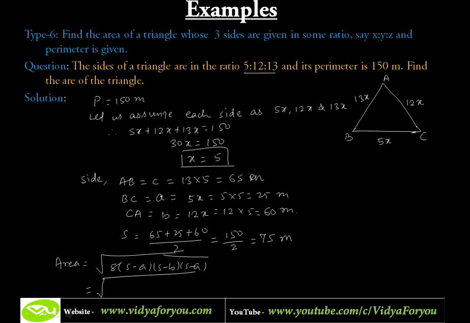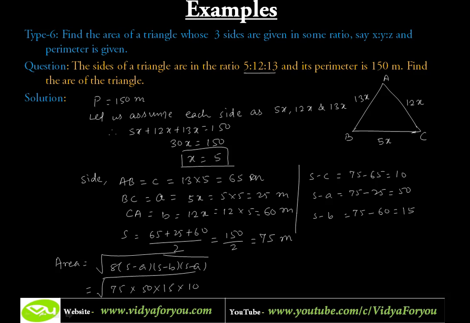This will be s is 75. S minus c is equal to 75 minus 65 is equal to 10. S minus a is equal to 75 minus 25 is equal to 50. S minus b is equal to 75 minus 60 is equal to 15.